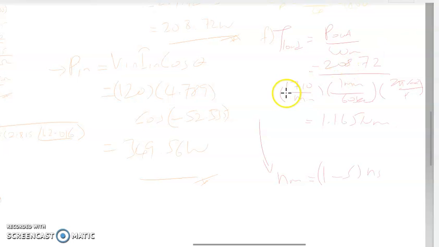So how you calculate this 1710 of your mechanical speed is by 1 minus your slip value times your synchronous speed, and you have synchronous speed of 1800, so you get 1710 rpm.